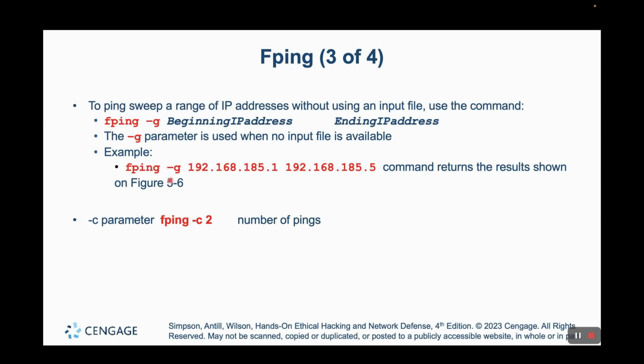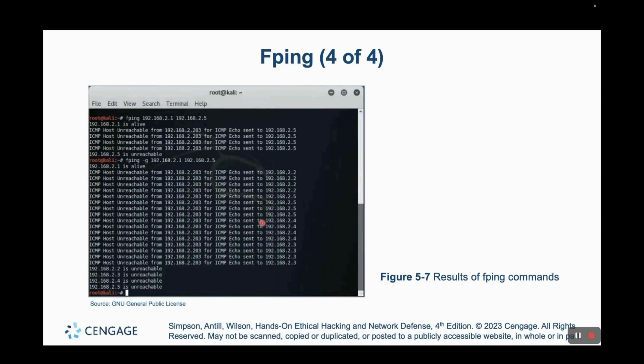And here is just a simple example you could do: fping -g, here's the IP and here's the IP, and the command returns the result shown in the next figure I'm going to show you shortly. Another option you could use with fping is the -c parameter. fping -c2 means that's the number of pings.